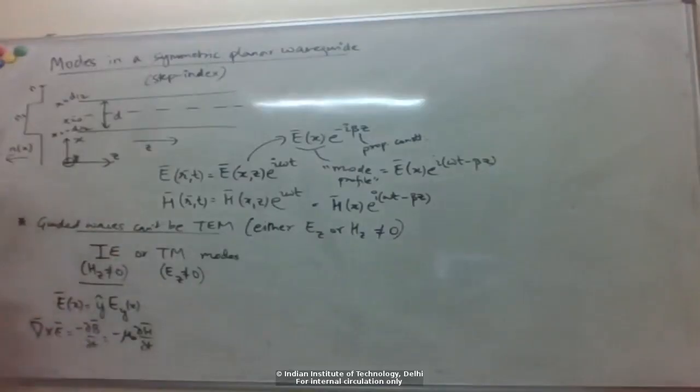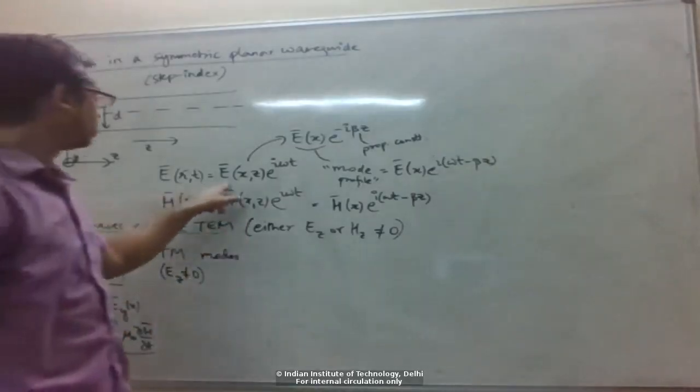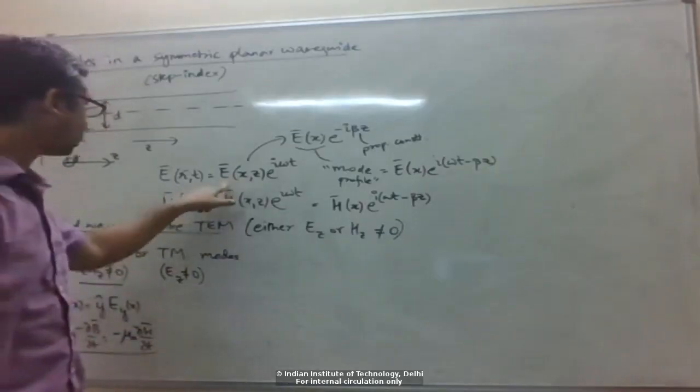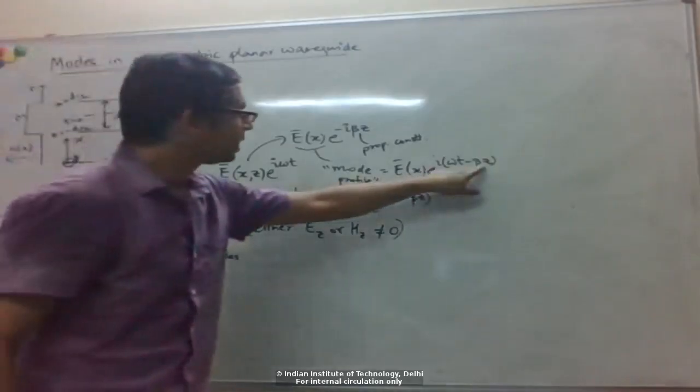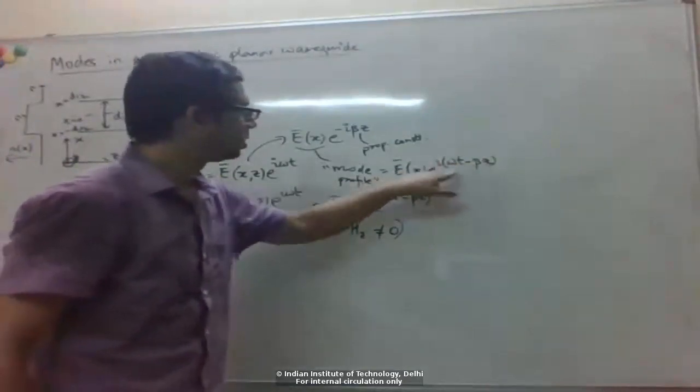So, for example, if you take the x component of this equation, that will depend on del Ey by del z, right? And what is del Ey by del z? The only z dependence here is this e to the i beta z phase factor.